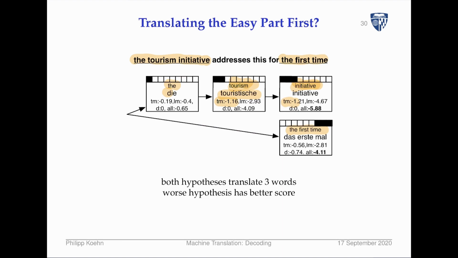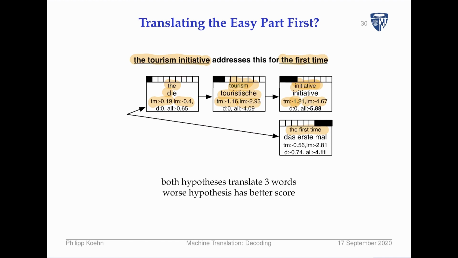But the key difference probably will be the language model. The tourism initiative is just not a very usual English phrase, so the German translation of it is also not going to be a very usual German phrase. So the language model is going to just say, okay, these are some odd words. They're not necessarily wrong, but they're odd words.